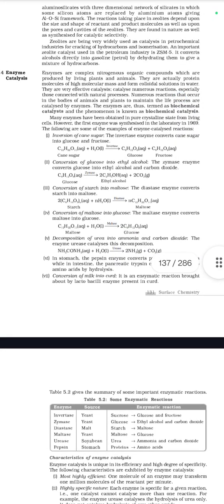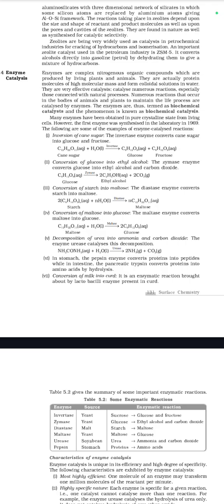Enzyme catalysts. Enzymes are complex nitrogenous organic compounds which are produced by living plants and animals. They are actually protein molecules of high molecular mass and form colloidal solutions in water. They are very effective catalysts, catalyzing numerous reactions, especially those connected with natural processes.